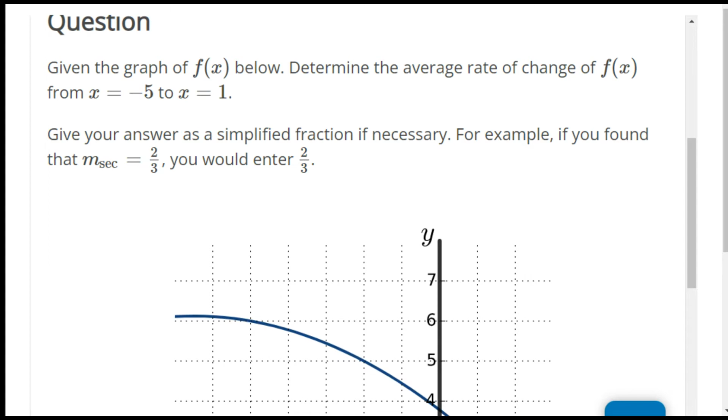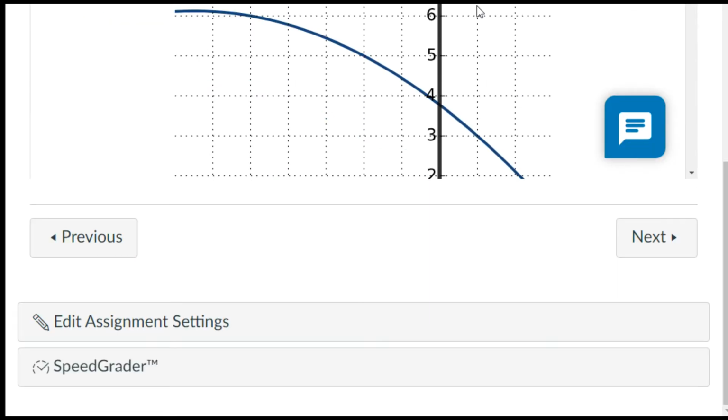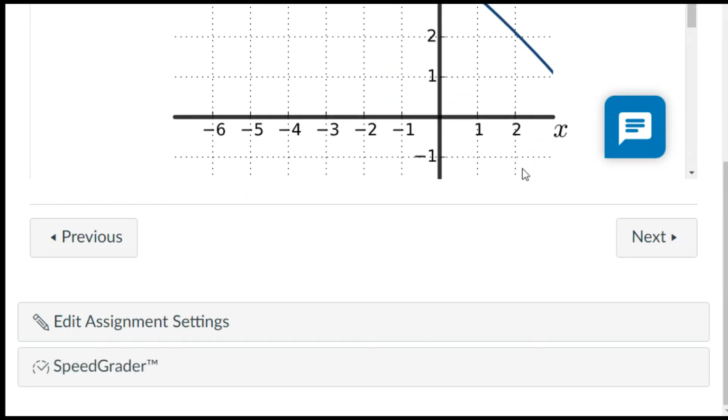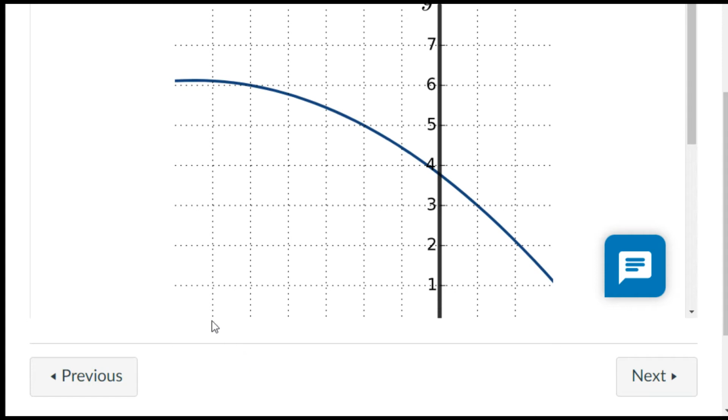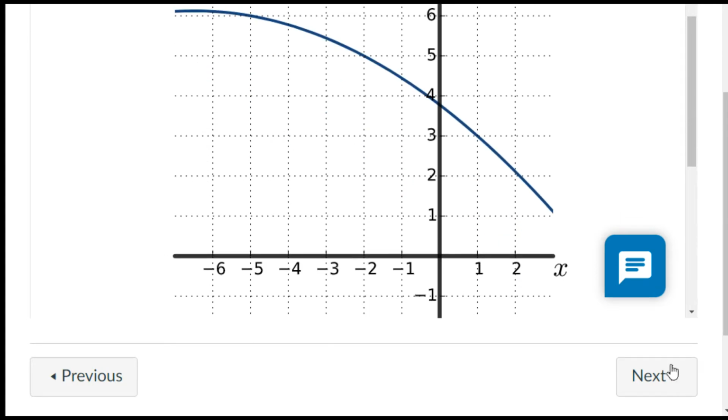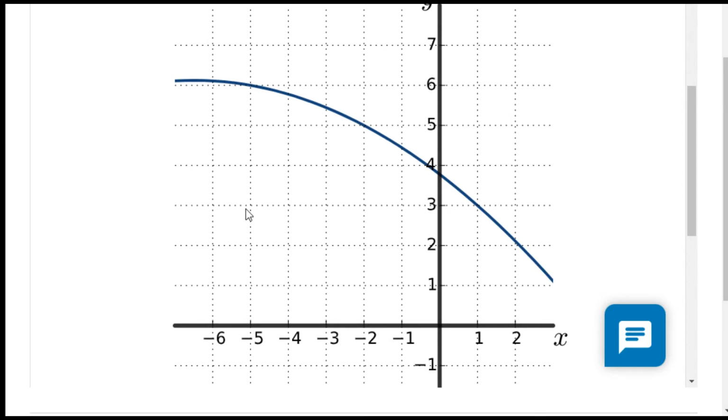All right, another one of these. Picture time. Our interval here is minus 5 to 1. There we go.